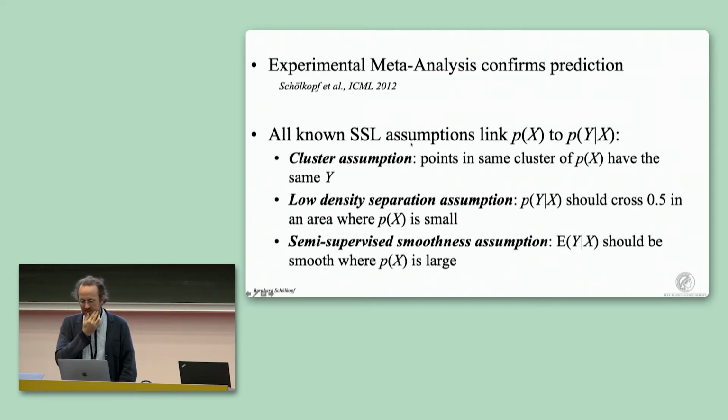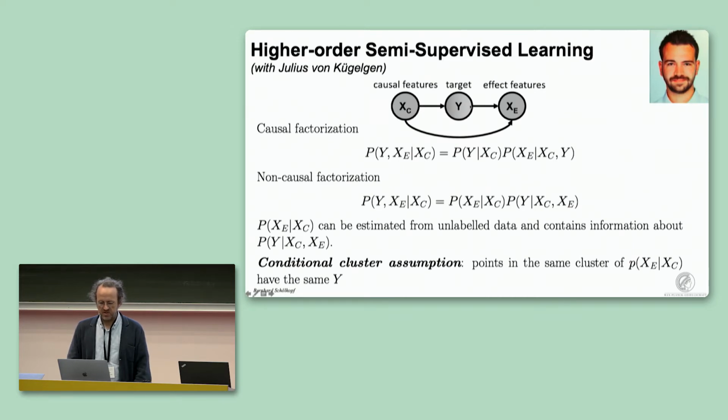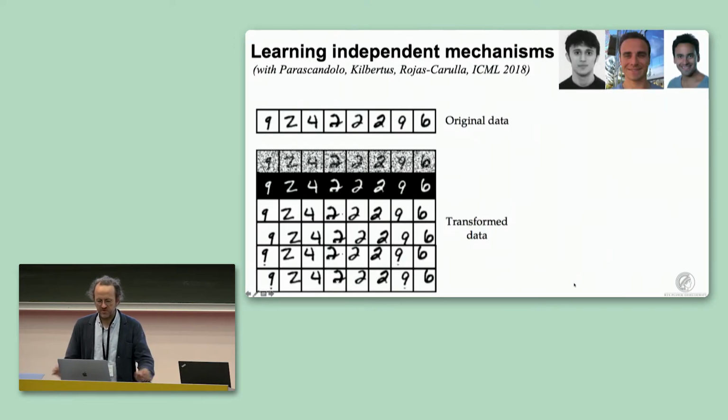We can generalize this, which we've recently done, to a case where we predict a target from both causal and effect features. This leads us to a higher order type of semi-supervised learning, where we talk not about a cluster assumption, but about a conditional cluster assumption. But I think I won't have time to go into that.